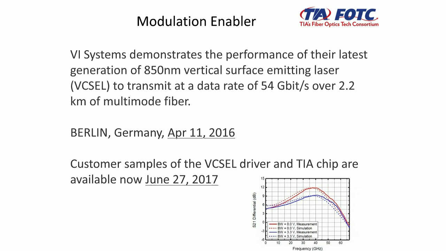So this hints that, maybe without encoding, we might be able to get to 50 gig. So you could envision, if I was to do BiDi with this, let's say I could get an LC-based 50 gig each way. I could do a BiDi, 100 gig.